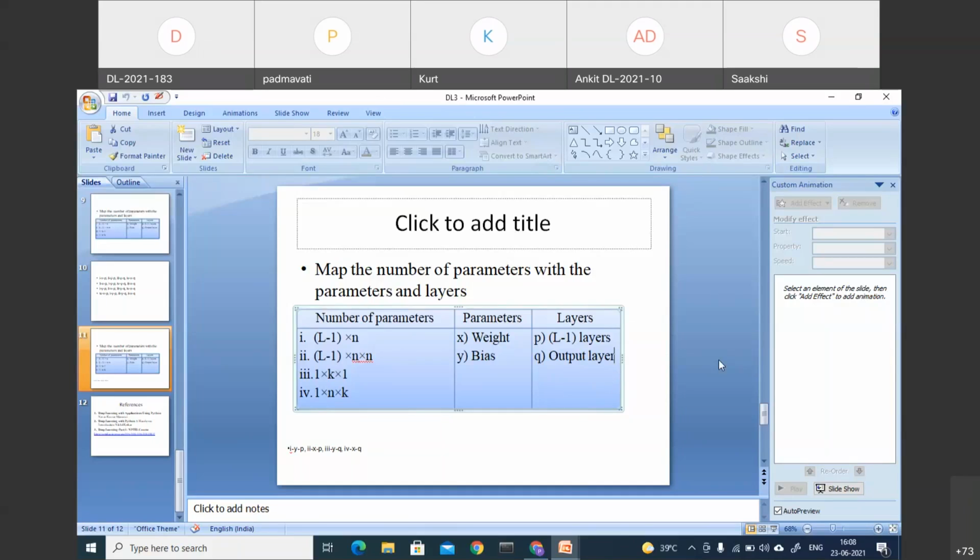Can you repeat your query, please? Yes. Number 4 in the number of parameters. You have 1 cross n cross k, and the 1 represents the output. Why is the output the first parameter? Can you send me through chat? I'm not able to get your query. Okay.